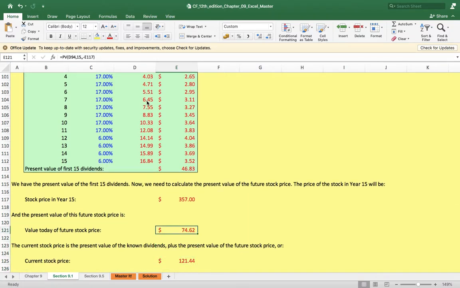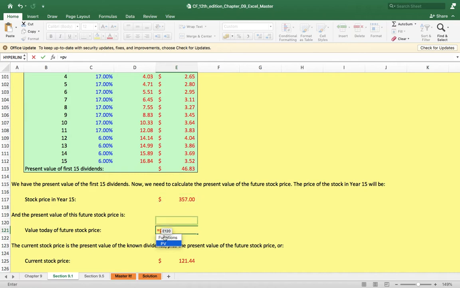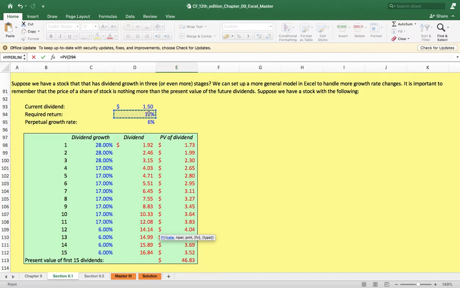Now you want to get the present value of that price, isn't it? The present value of 357, which is in the 15th year. So what is the present value today? First of all, we need to fix the rate. Rate is equal to 11%, right? Comma. What next do we need? NPER, the number of periods. When you are getting that 357 after 15 years, 15 years is the number of periods.